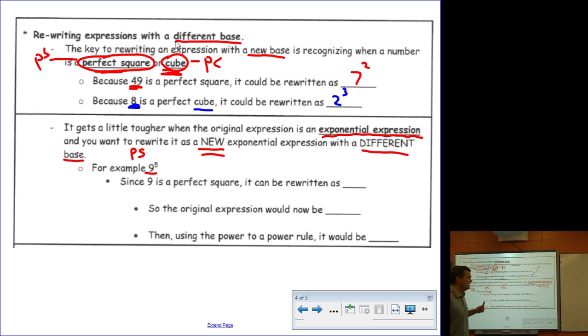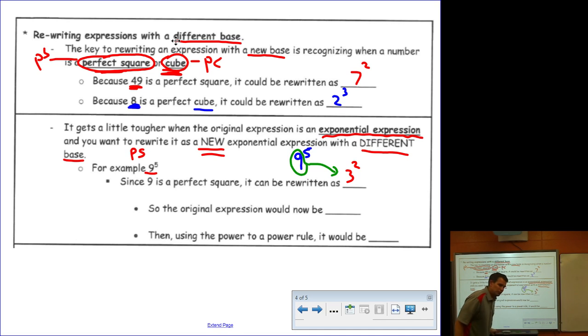And because 9 is a perfect square, I can rewrite it. Since 9 is a perfect square, it can be rewritten as 3 to the second power. Right? So I started with 9 to the 5th, but I'm rewriting the 9 as 3 to the second power.